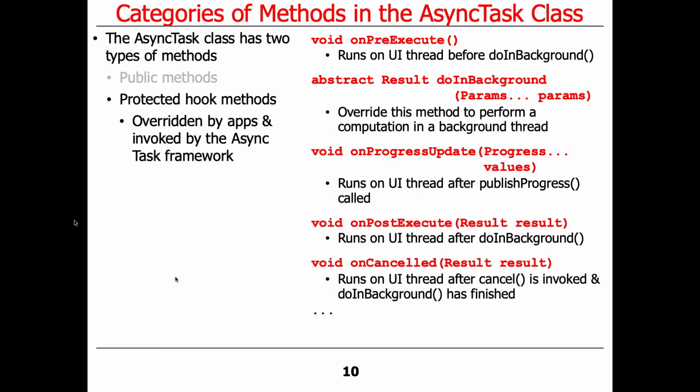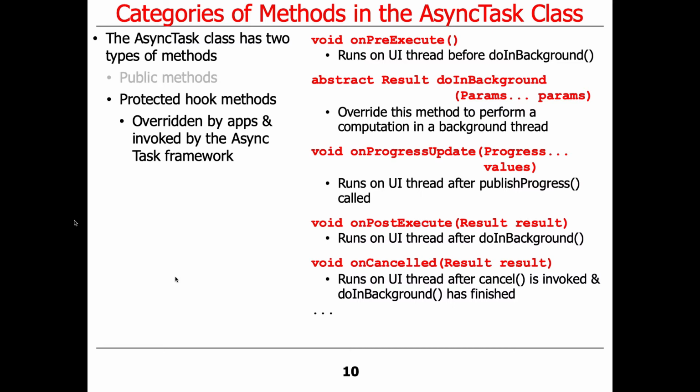Remember, the dialog box has to be popped up in the user interface thread for the reasons we talked about in the previous lesson, because of the constraints of Android on accessing the user interface views and UI toolkit components from the background.